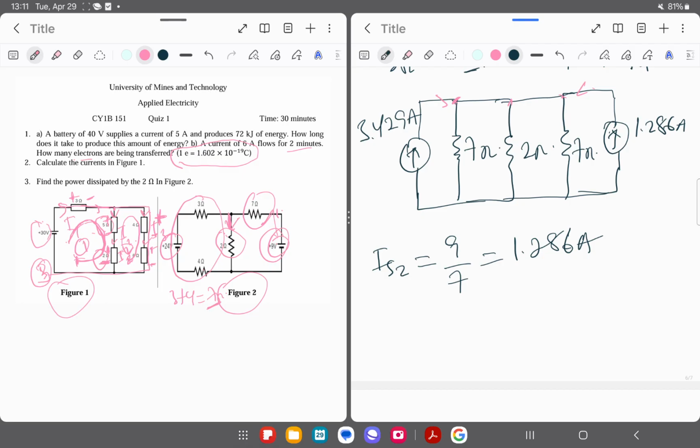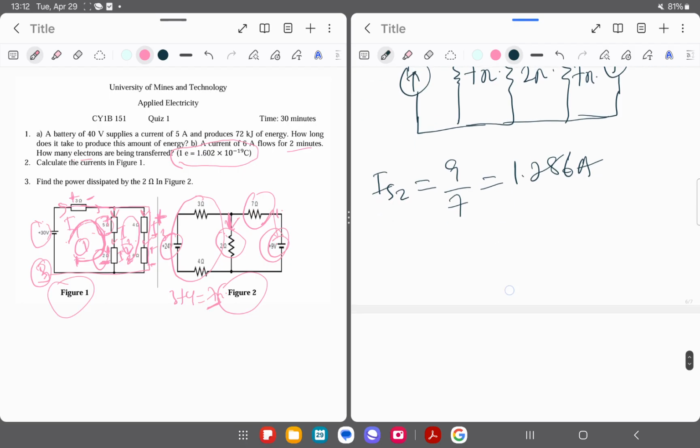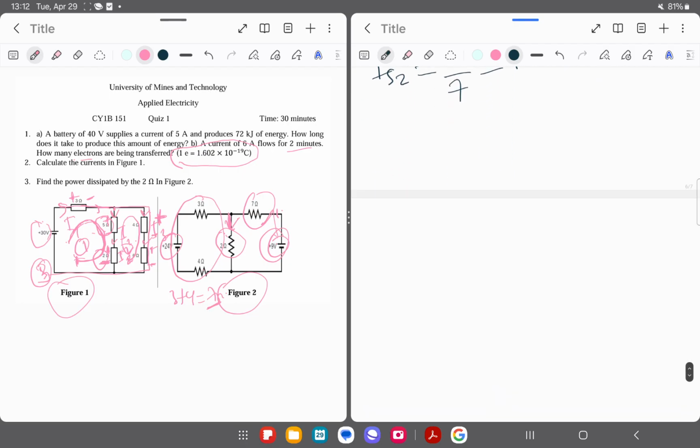That will give me 4.715. So after the algebraic sum, I'm now going to have my current source to be 4.715 amps. Now I have 7 ohms here.